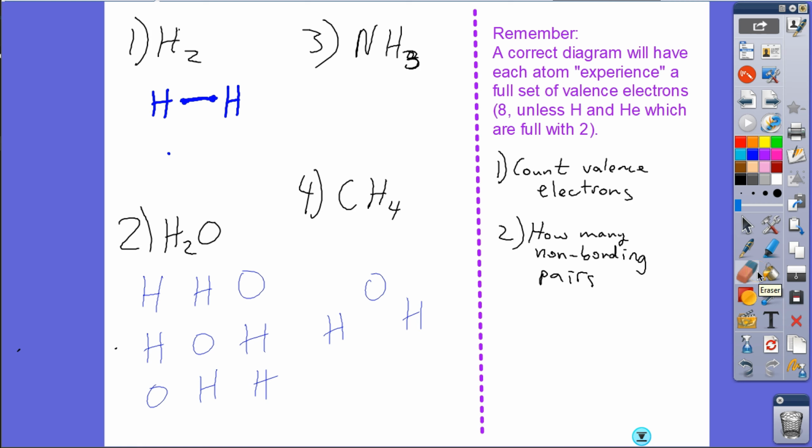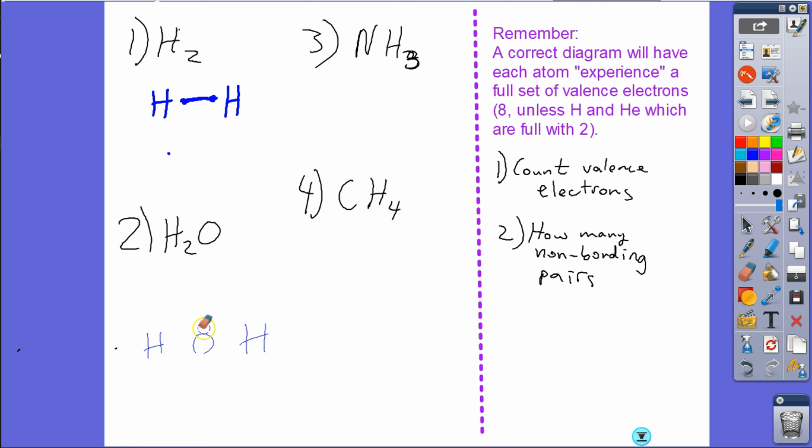Knowing where to put the atoms is not something we're focusing on right now. You have to learn a little bit more about what makes molecules have certain shapes, and we're not there yet. So when you're drawing these diagrams, I really just want you to focus on how many bonds there are and where the bonds are. But for H2O, this is the closest one to being right.